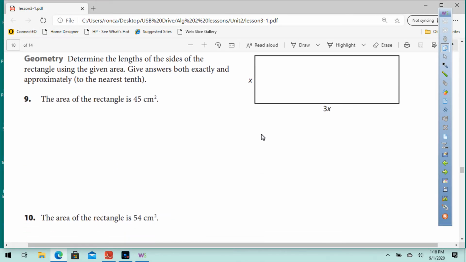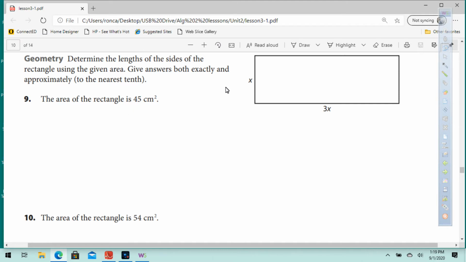Oh, number 9. Geometry. Determine the lengths of the sides of the rectangle using the given area. Give answers both exactly and approximately to the nearest tenth. So the area of the rectangle is 45 centimeters squared.